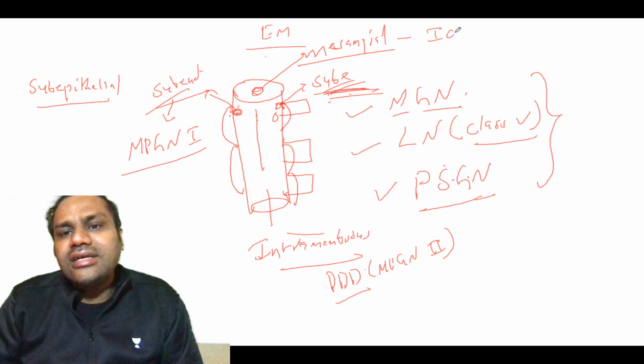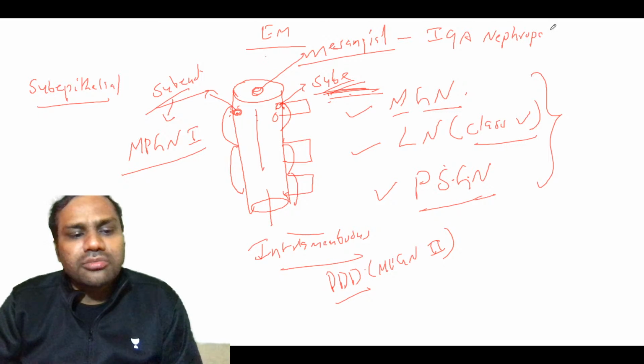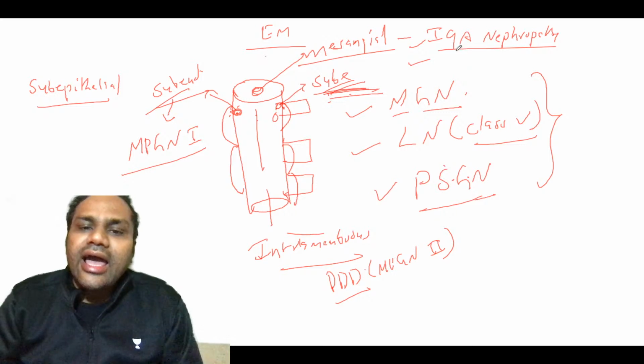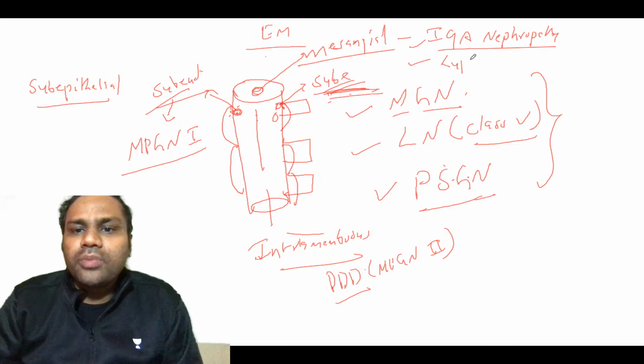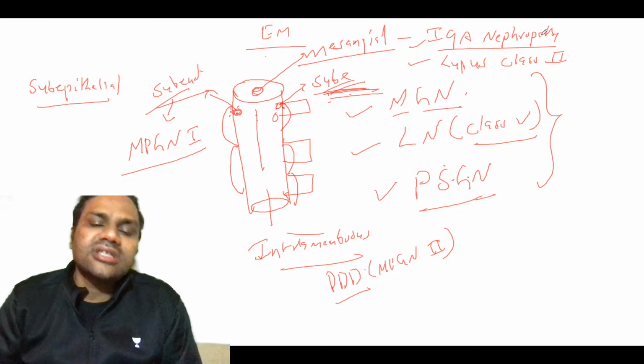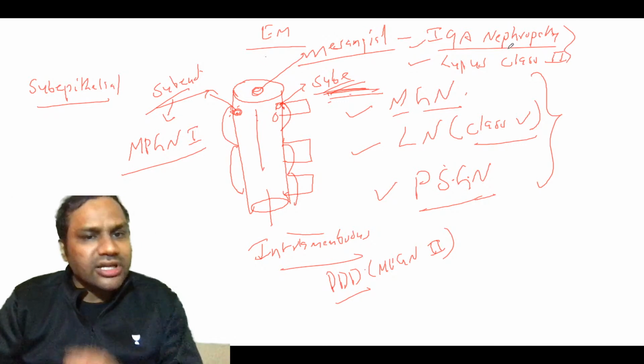Mesangial is again IgA nephropathy, which you need to remember, and also lupus class 2. So these are the basic types of deposition you get.